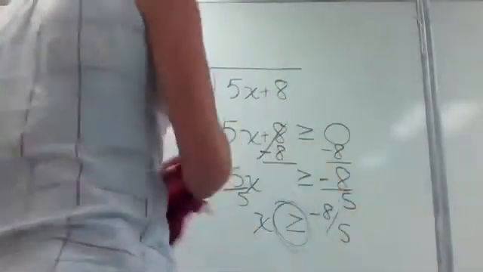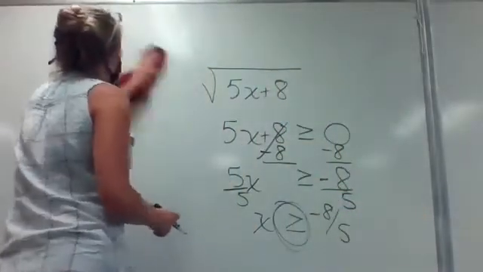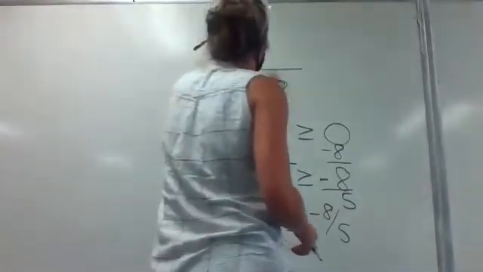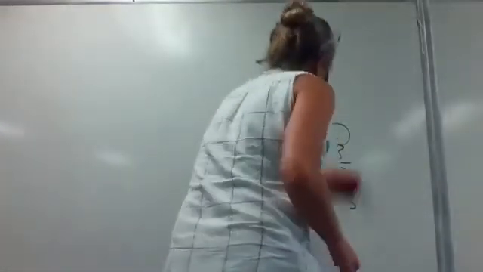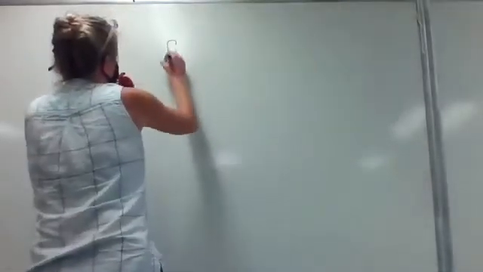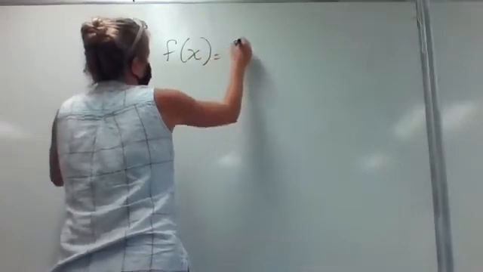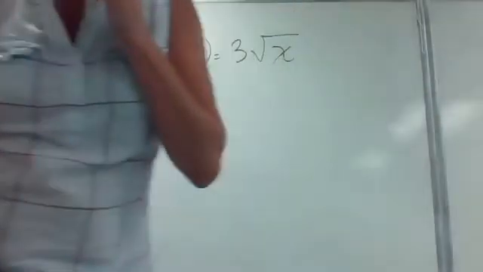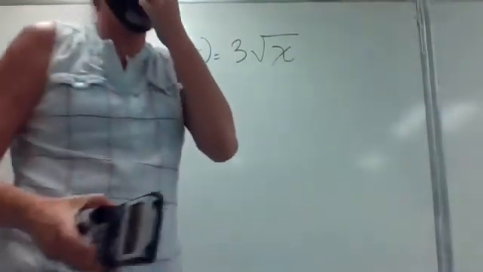Like number 2, it says to graph the function f of x equals 3 times the square root of x. I'm actually going to put that in my y equals.